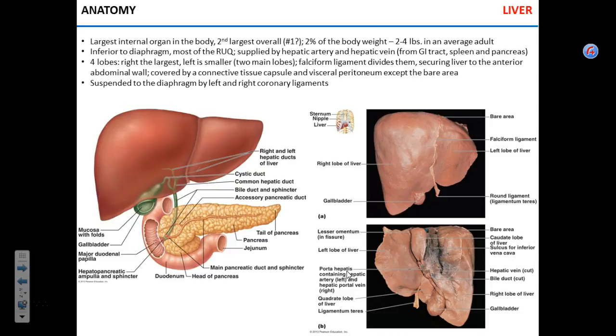It should be right under the right lung, right here. I don't know where the liver is. Okay, it's probably there. Yeah, there it is. That's liver. And that's a gallbladder.